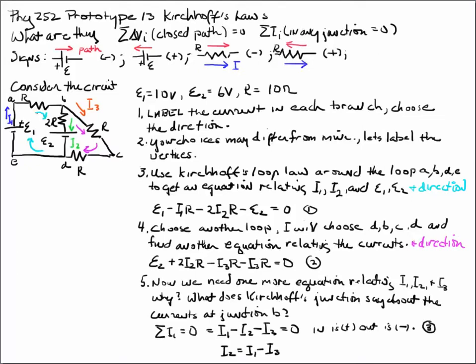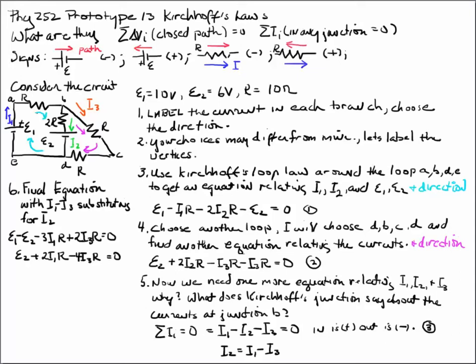It simply says that the currents entering the junction are equal to the currents exiting the junction. What goes in comes out. So we can write that in equation form as I1 minus I2 minus I3 must be 0, where in is given the positive sign, out is given the minus sign. So now we have the equation I2 equals I1 plus I3.